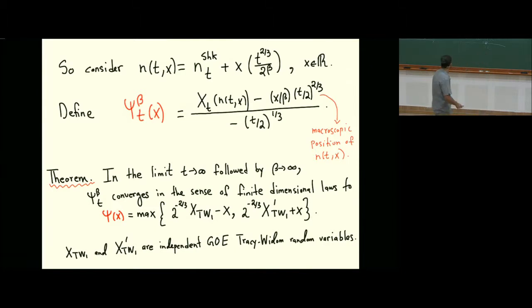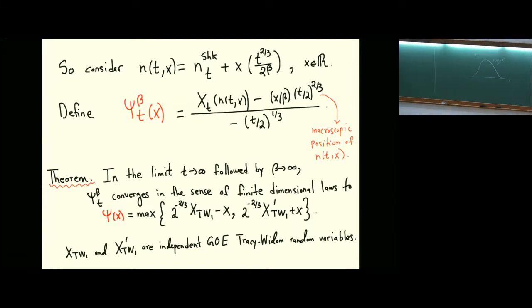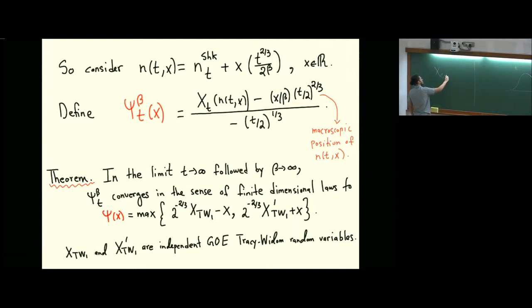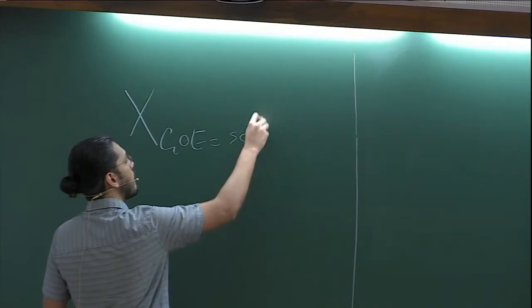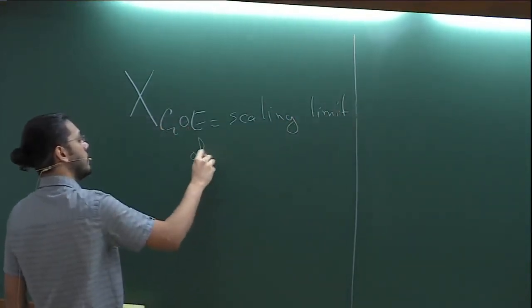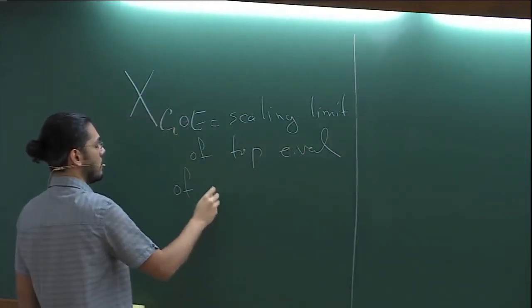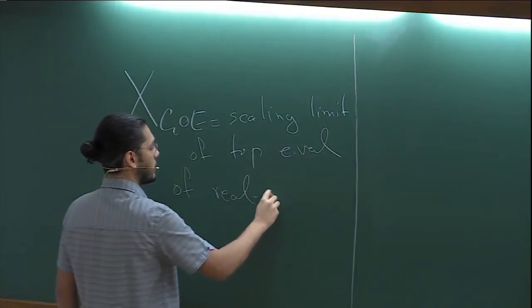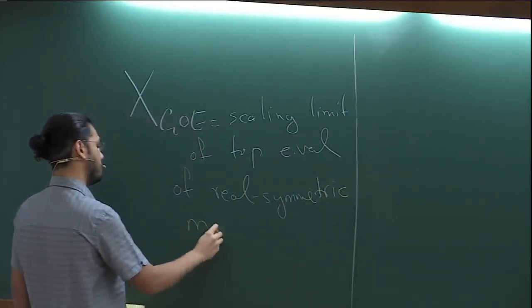The GOE Tracy-Widom law, if you don't know, is the scaling limit of the largest eigenvalue of real symmetric matrices. So it's also the scaling limit of the top eigenvalue of real symmetric matrices.